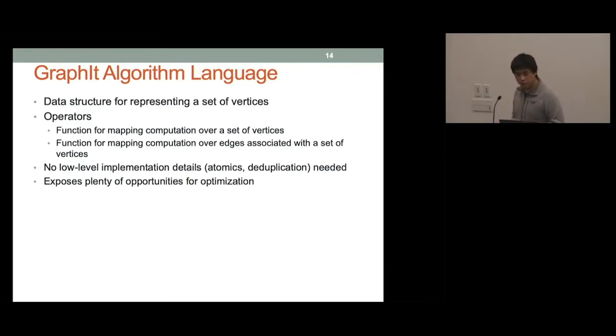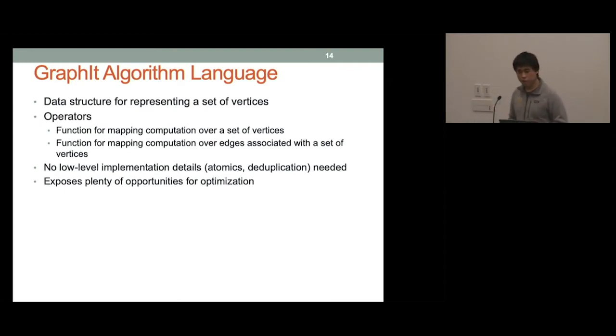So here's a high-level overview of the GraphIt algorithm language. So we have a data structure for representing a subset of vertices in the graph. And then we also have operators for mapping application-specific computations over sets of vertices or over sets of edges associated with a set of vertices. And these two operators here are sufficient to implement a broad class of graph algorithms in our experience. And in the algorithm language, the programmer doesn't have to deal with any low-level implementation details.